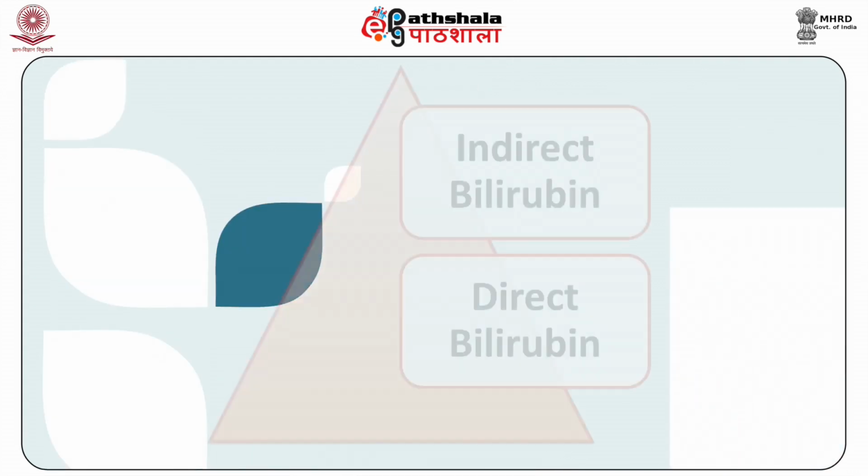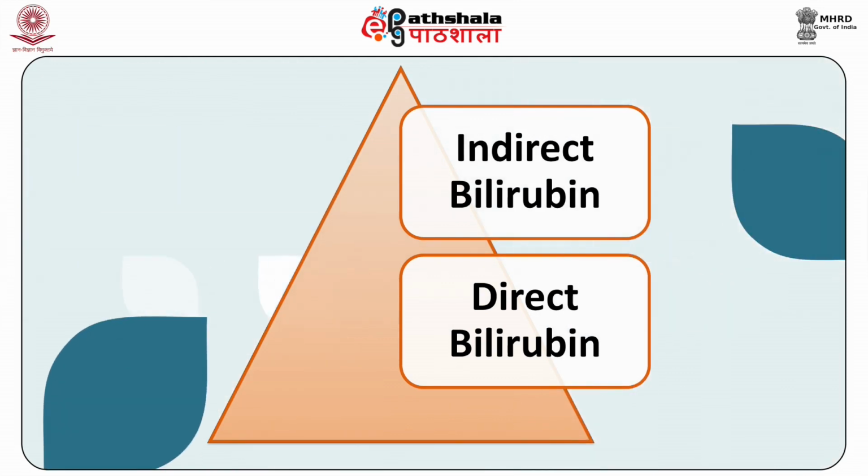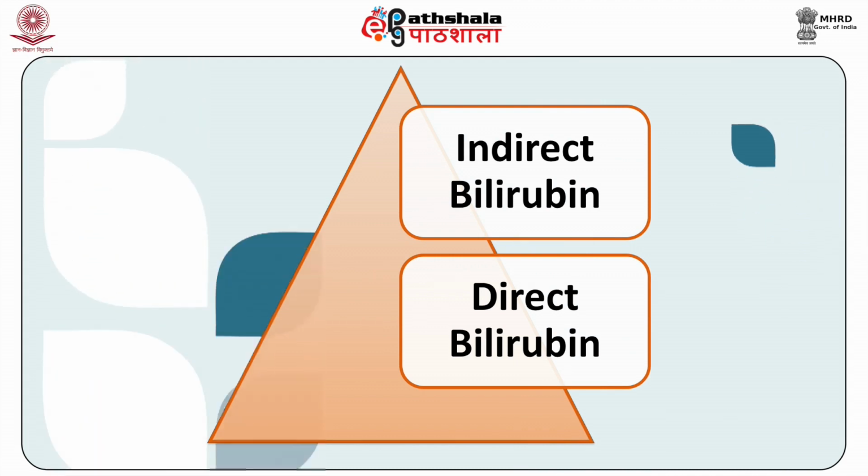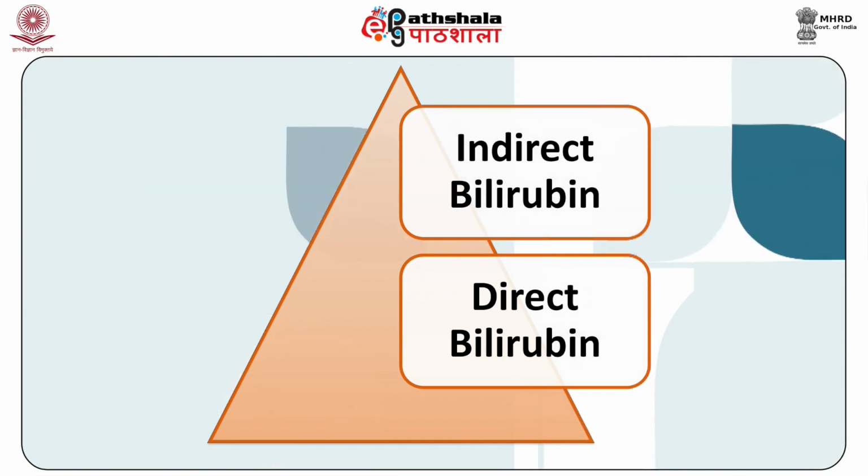The circulation of bilirubin in the bloodstream is carried out in 2 forms, that is indirect bilirubin and direct bilirubin. The indirect form of bilirubin is not soluble in water, but once it travels through the bloodstream into the liver, it is changed into the soluble form.